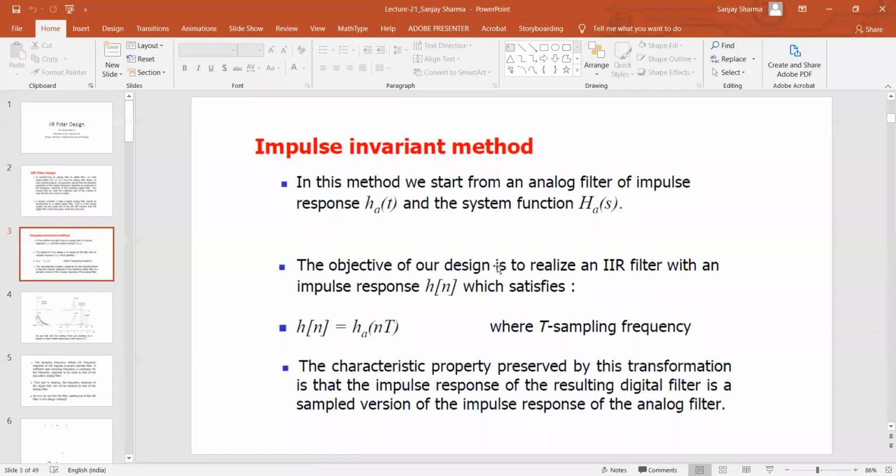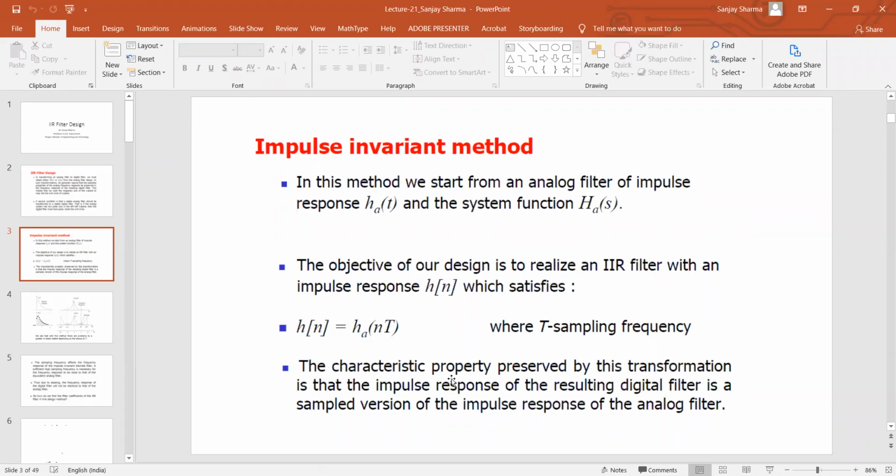Now the objective of our design is to realize an IIR filter with an impulse response h(n), which satisfies h(n) = h_a(nT). Of course, we have h_a(t) available. How can we get h(n) from h_a(t)? Just replace t with nT. That is the sampling process.